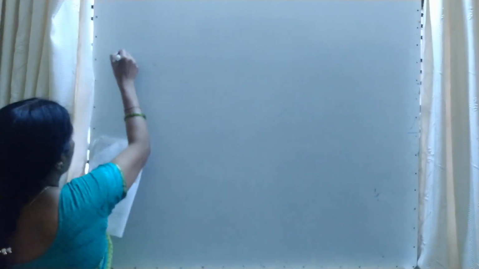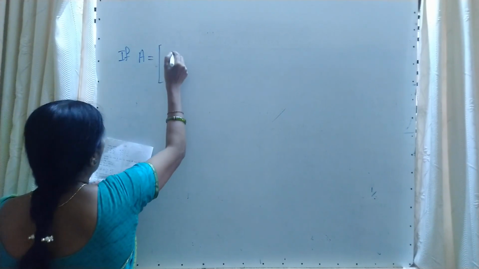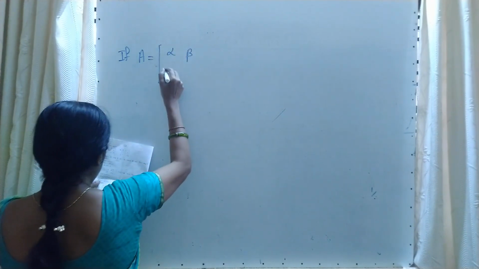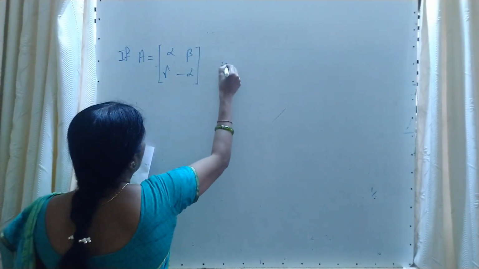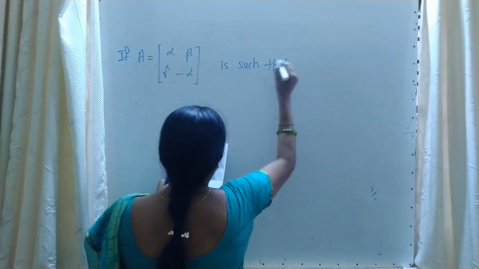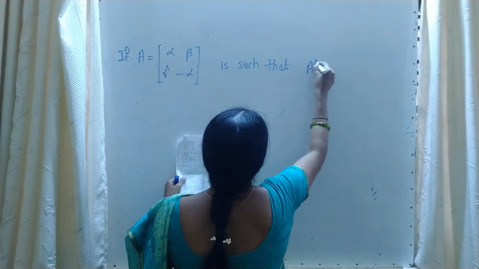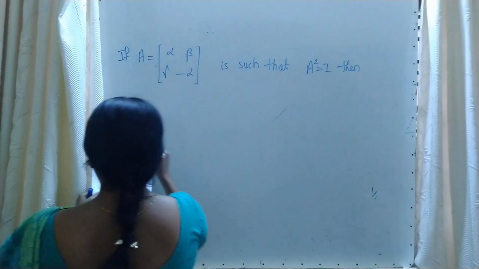Second, next question. If A is equal to alpha, beta, gamma, minus alpha is such that A square is equal to I, then see the condition.